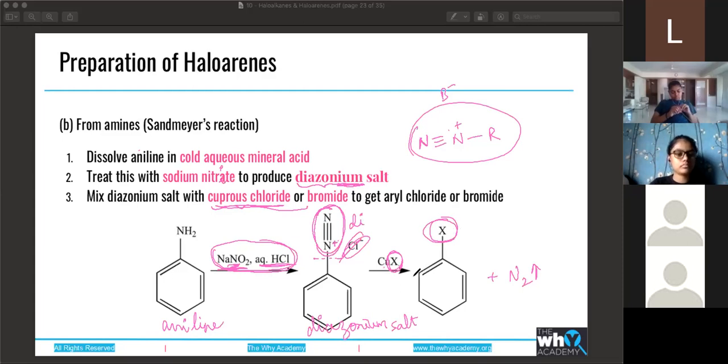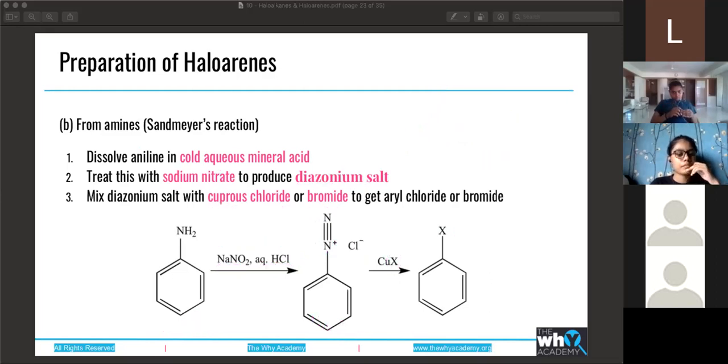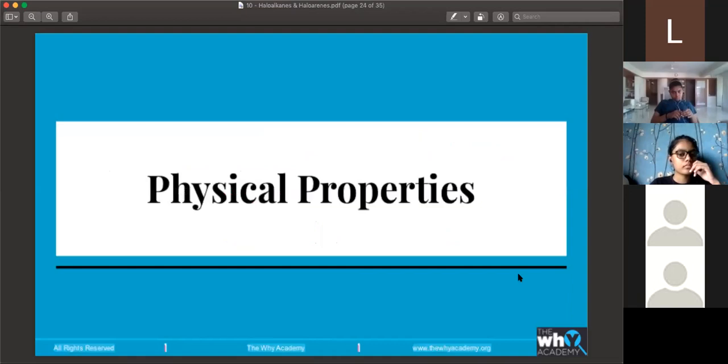That is why I'm getting X over here, not chlorine. So this is Sandmeyer's reaction. That's it. So that's all for the preparation methods for haloarenes.